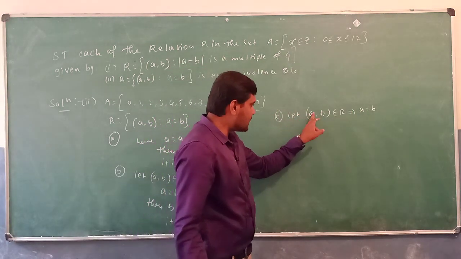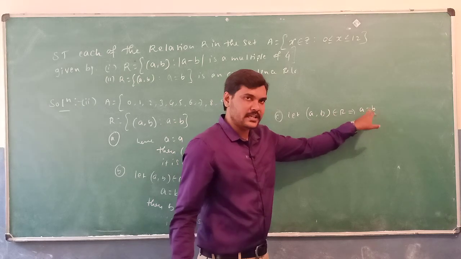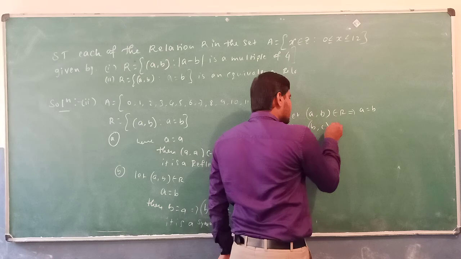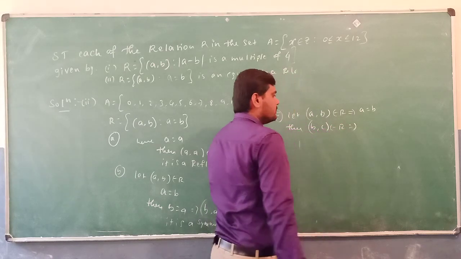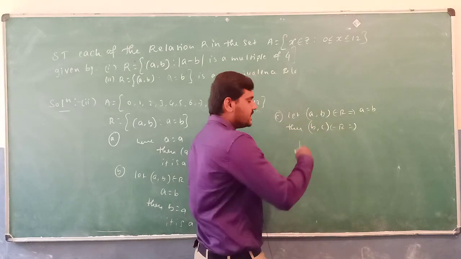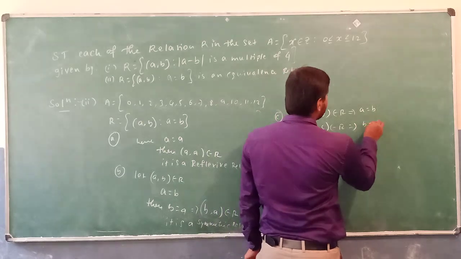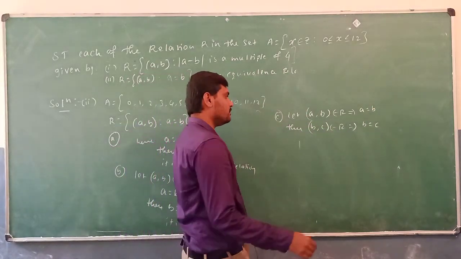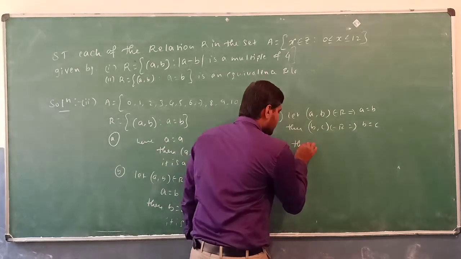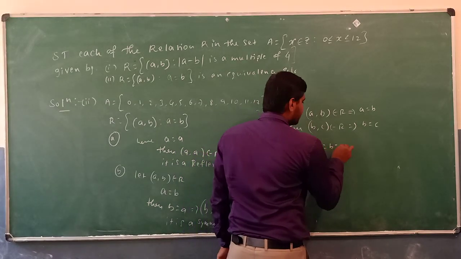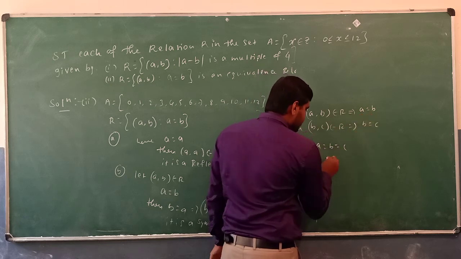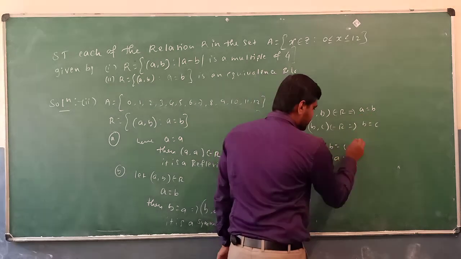Then (b, c) is also belongs to R, which implies that b is equal to c. Then a is equal to b is equal to c. From this we can say that a is equal to c.